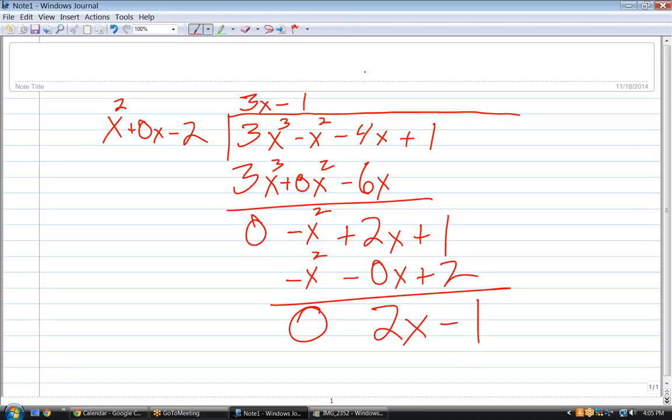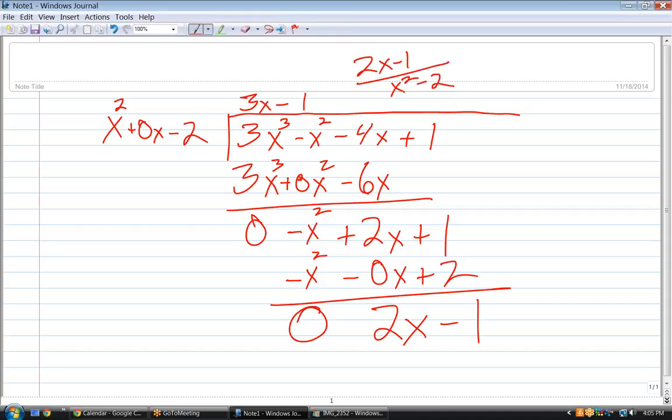That's my remainder. So the answer is that divided by x squared minus 2. Because that's the original. The original divisor always goes in the denominator of the remainder.